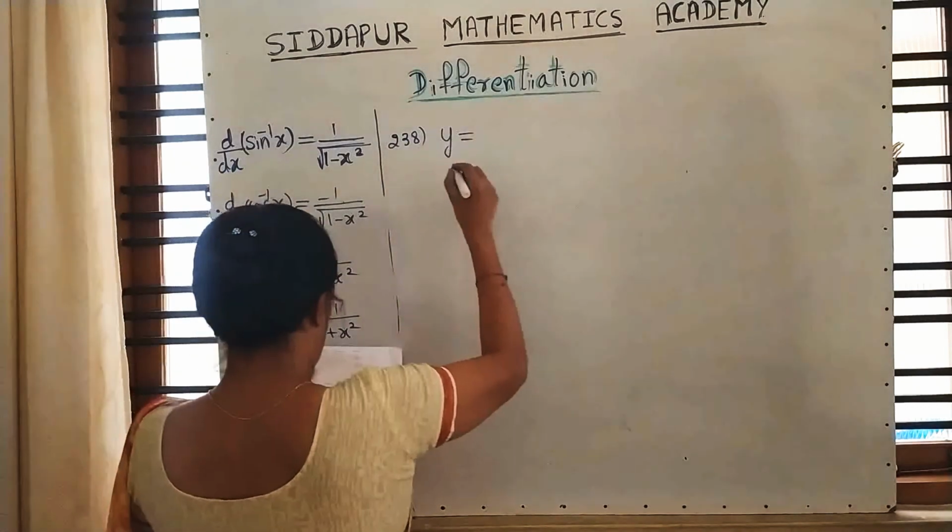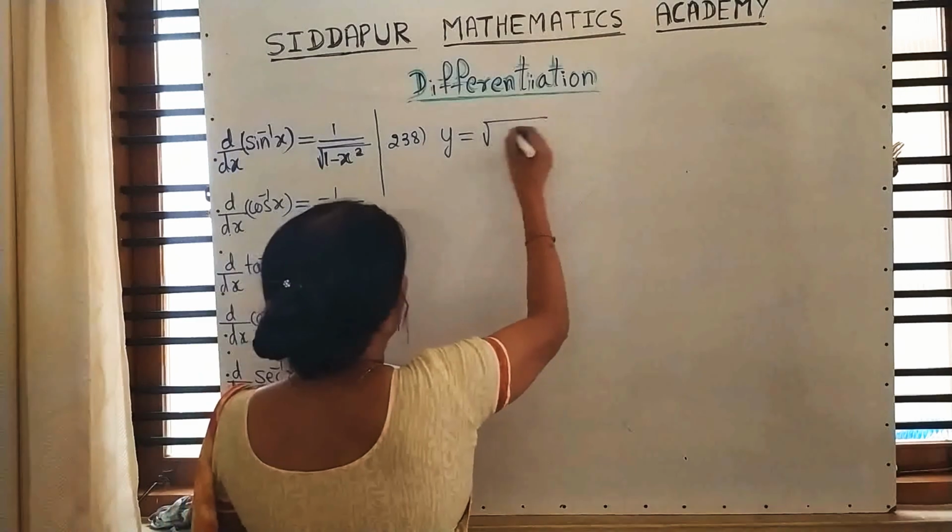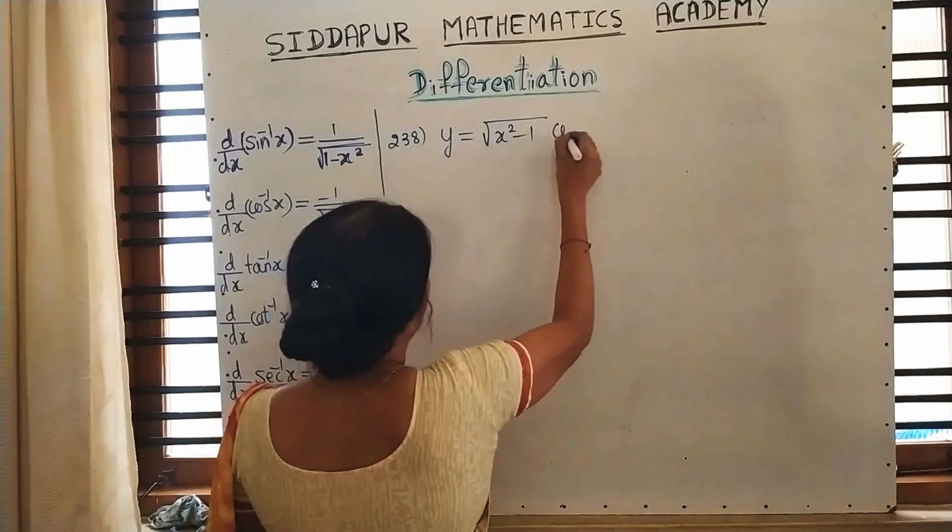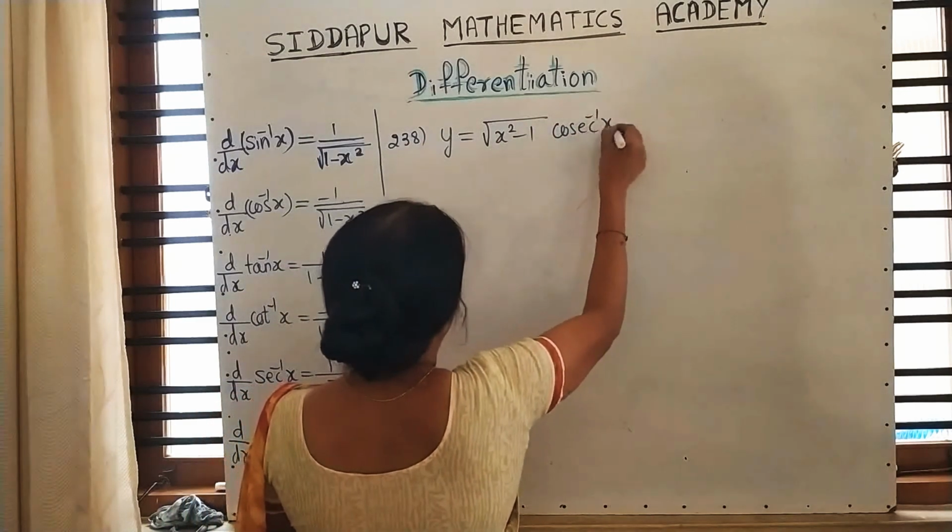Y is equal to root of x square minus 1 into cosecant inverse x.